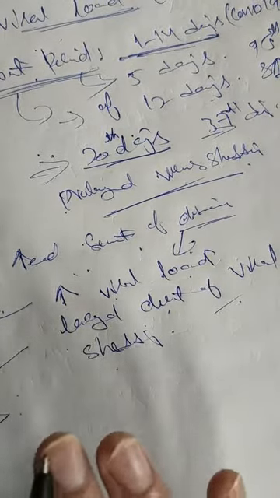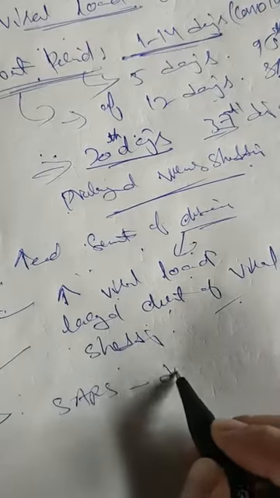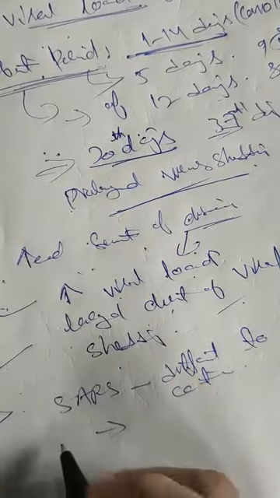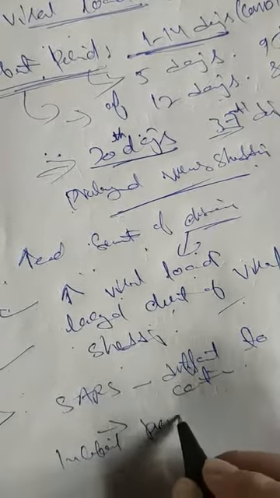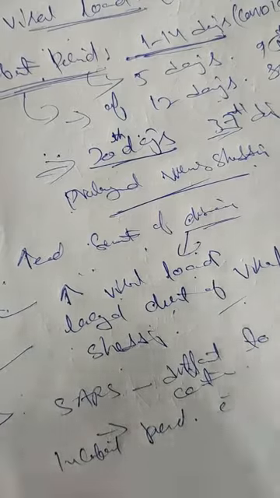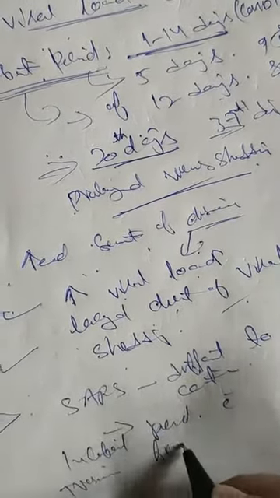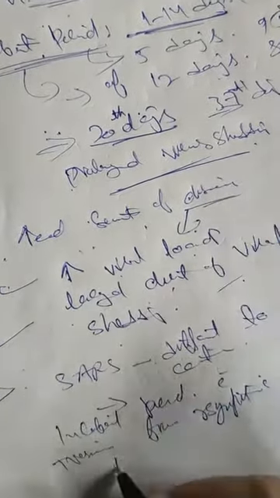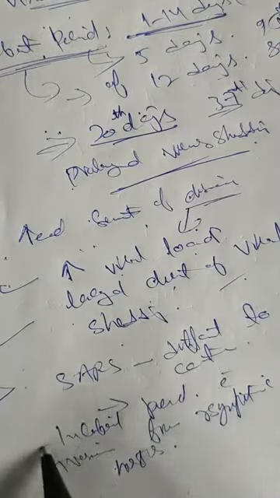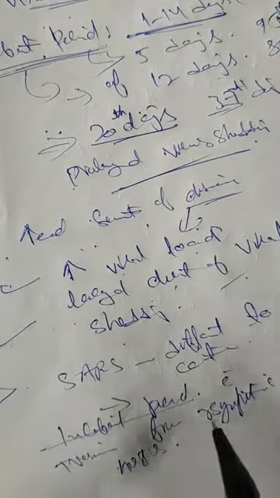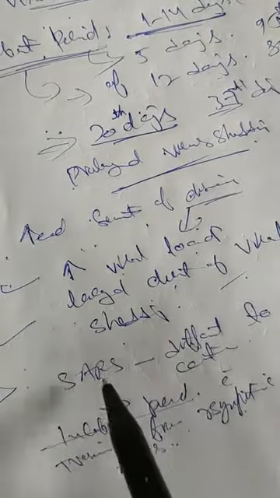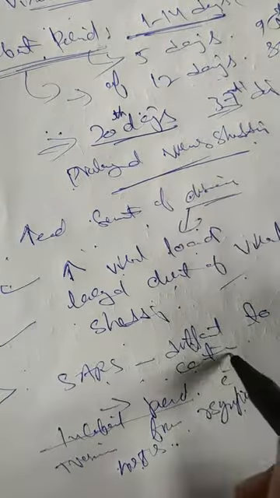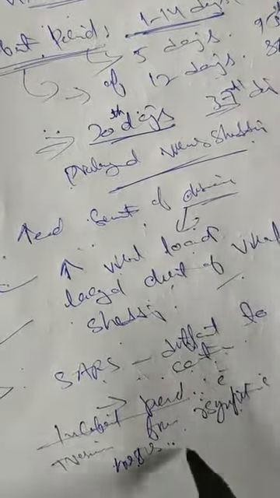What makes SARS-CoV-2 very difficult to contain is two things: first, the incubation period, and when this incubation period is combined with transmission from asymptomatic hosts, which I already mentioned, this makes it very difficult to contain till date.